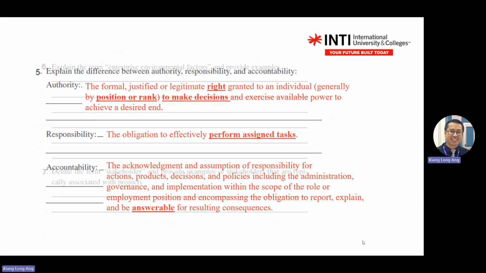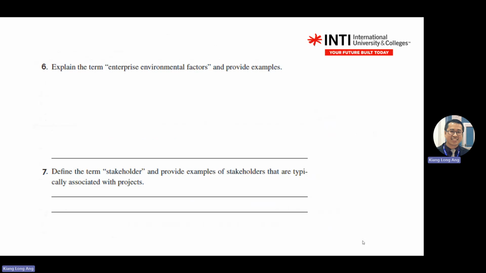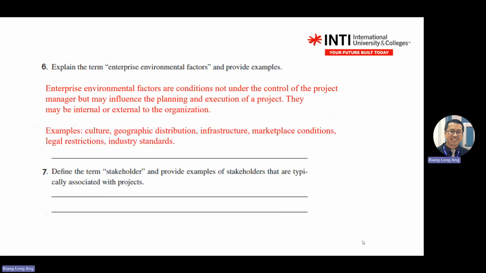Number 6, explain the term enterprise environment factor and provide examples. So this is not inside our slides, but also important for project management. Enterprise environment factors can be culture, location, facilities, marketplace, legal restriction, and industry standard. Okay.